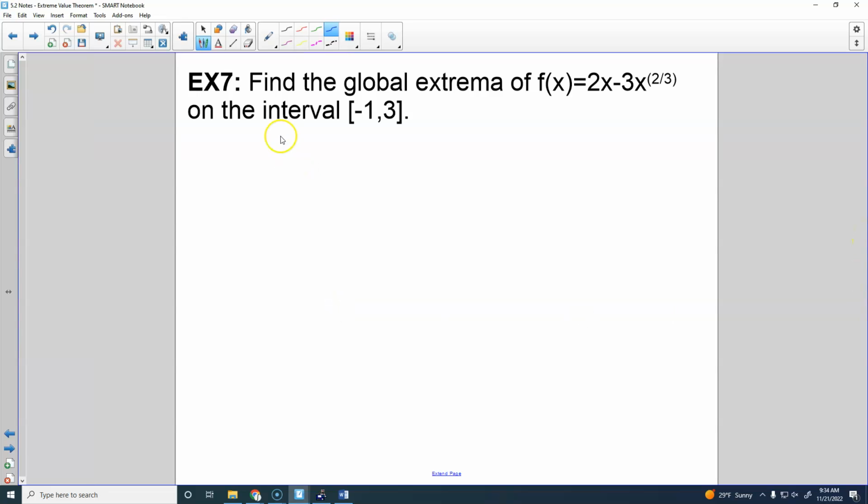So the derivative f prime of x is going to be 2 minus 3 times 2/3, which is going to give me 2, x to the 2/3 minus 1, which is -1/3. It's probably going to help me to write this way, 2 minus 2 over the cube root of x.